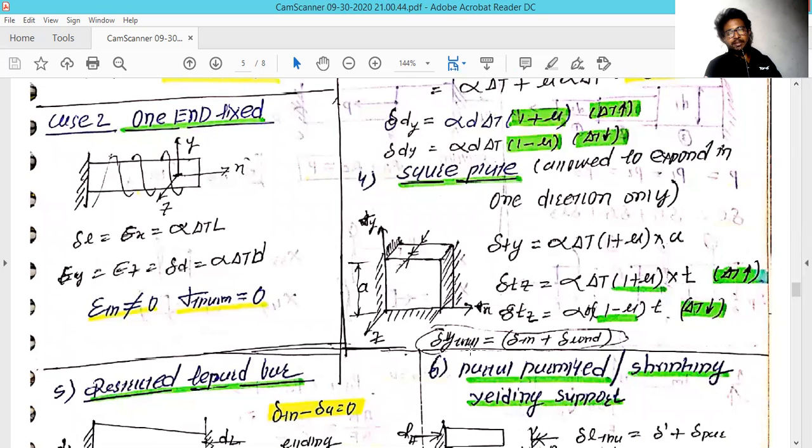But in this cross section, only one side is allowed to expand, because we have restricted it, as the hash line shows. That hash line means it is not allowed to expand in that direction. So it can only expand in the z direction and the y direction. In the y direction, we have a value a.